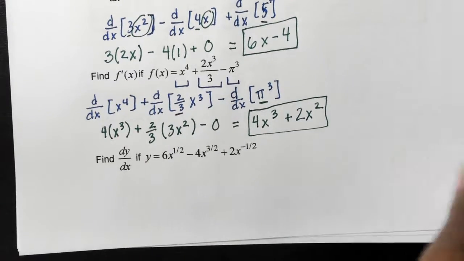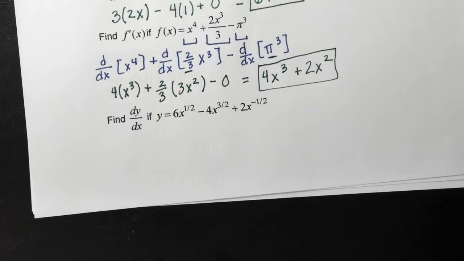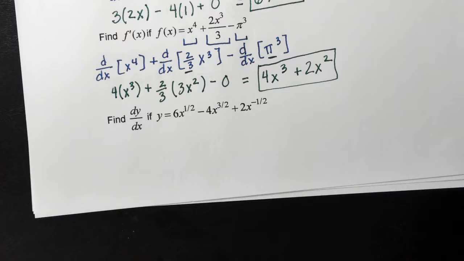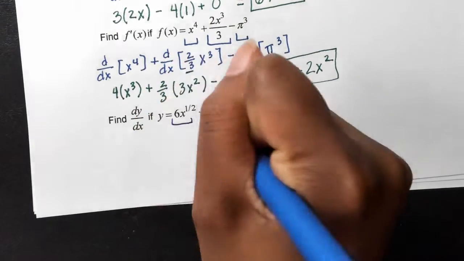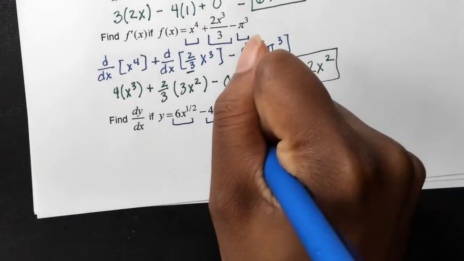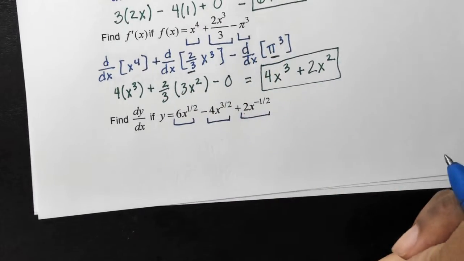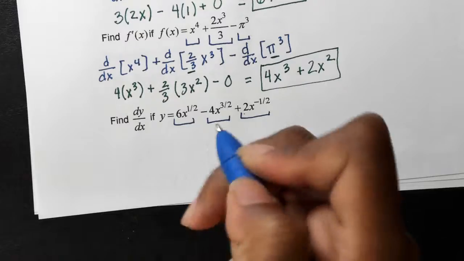Okay, and then we have our last problem. We want dy/dx and y is equal to 6x to the 1/2 minus 4x to the 3/2 plus 2x to the negative 1/2. So again, separating it into separate parts so that we can find the derivatives of those different sections.